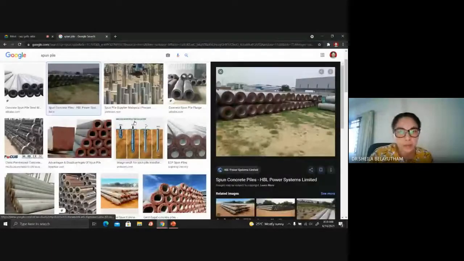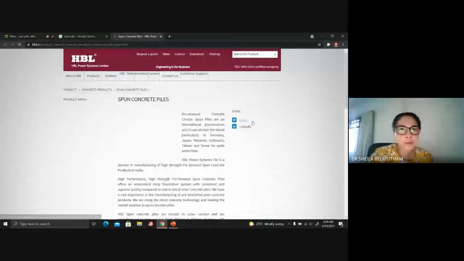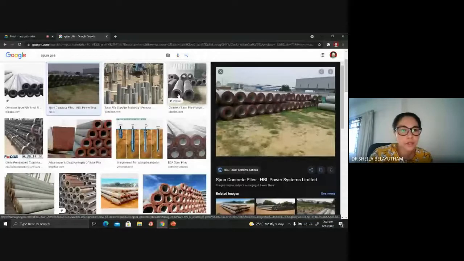Can you see? Yes. Okay, so basically a spun pile looks like this. It is a pre-stressed pile, so it is much stronger, and when we are building a pile cap based on a spun pile, we cut it. We slice it to the level that we want. So that is a spun pile.